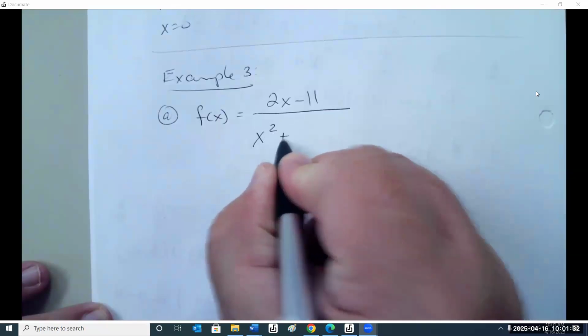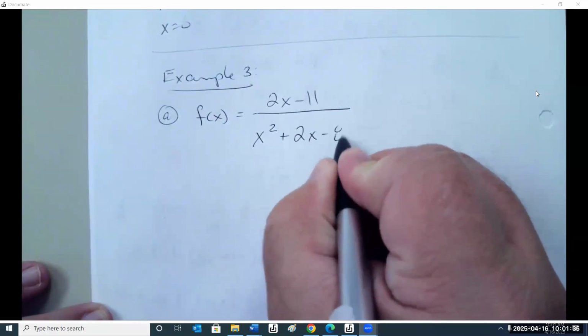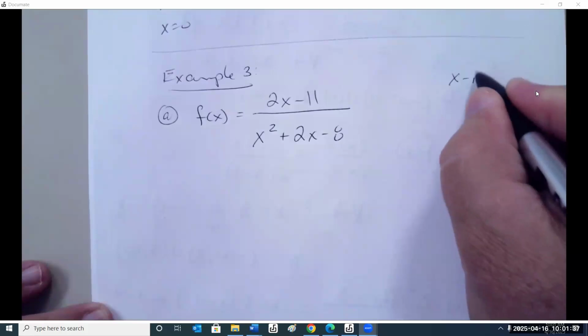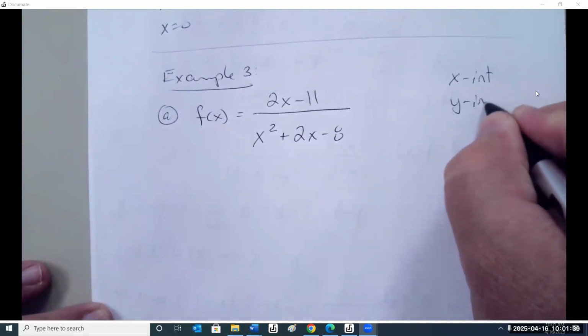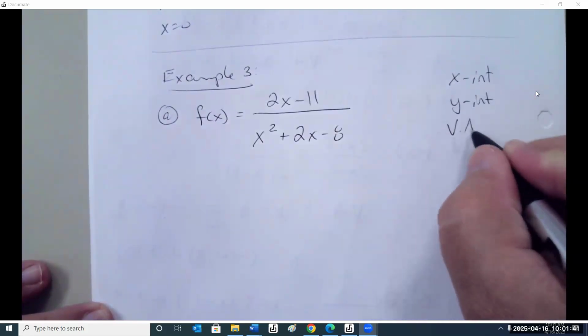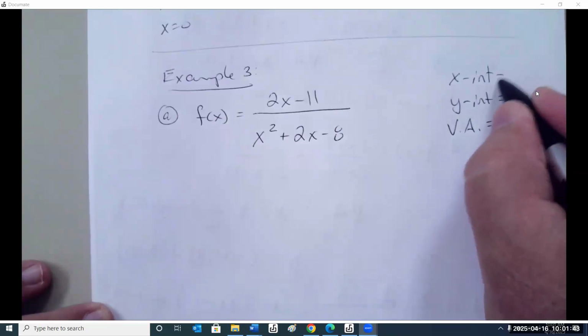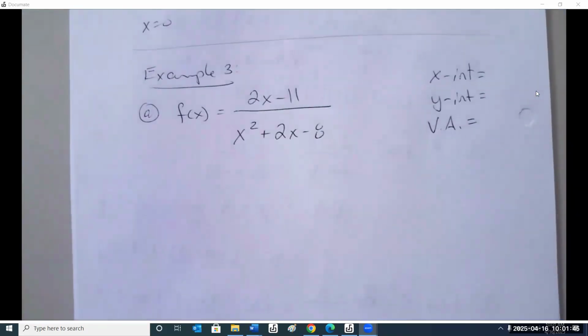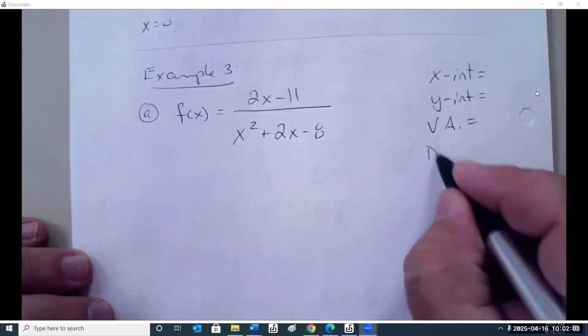Actually, since we've done that, tell me the x-intercept, the y-intercept, and the vertical asymptote. And the domain.